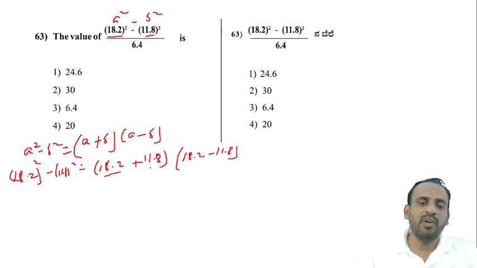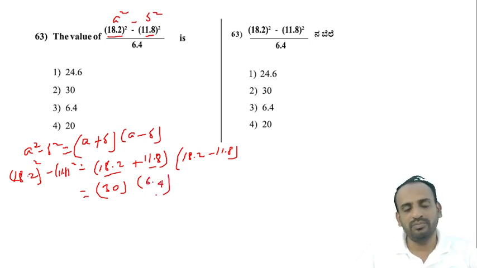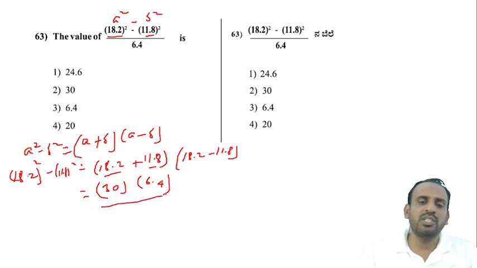So what is 18.2 plus 11.8? This will be 30. And what about this one, 18.2 minus 11.8? This will be 6.4, because 18 minus 11 is 7 and 0.2 minus 0.8 gives 6.4. Okay, so this is what we get from the numerator expression.